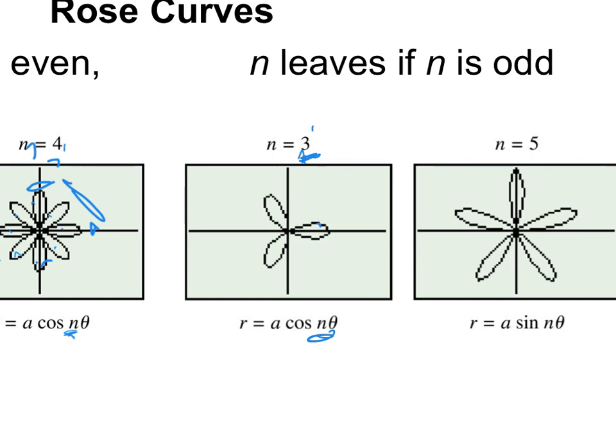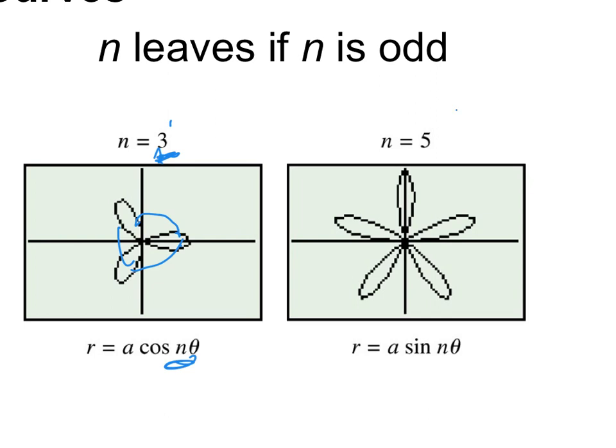And each of these petals are equally spaced. So you're taking 360 degrees and dividing it by 3. It's the same thing with 5. Now you take 360 degrees and divide it by 5. So you end up doing 72 degrees, and 72, 72, 72, 72. That's how they're spaced from the center of each petal.